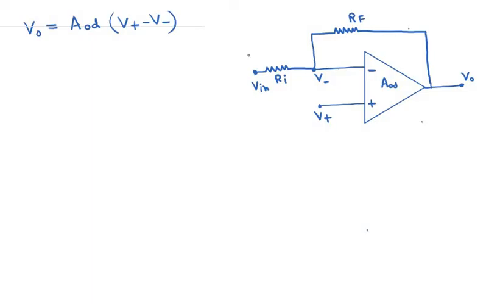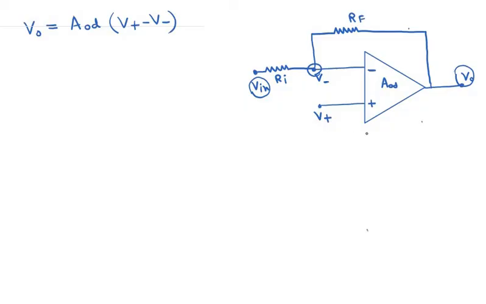Now there is this external loop, this path which is connecting the input to the output, or this loop that connects the inverting terminal of the op amp to the output. So we can consider an equivalent diagram where there is only V in, V minus and V0.